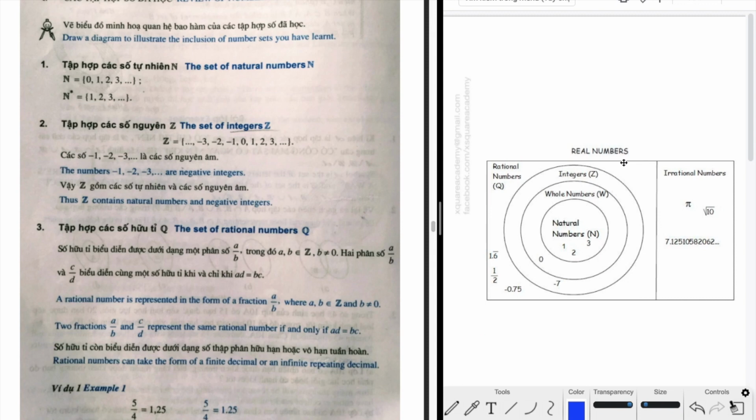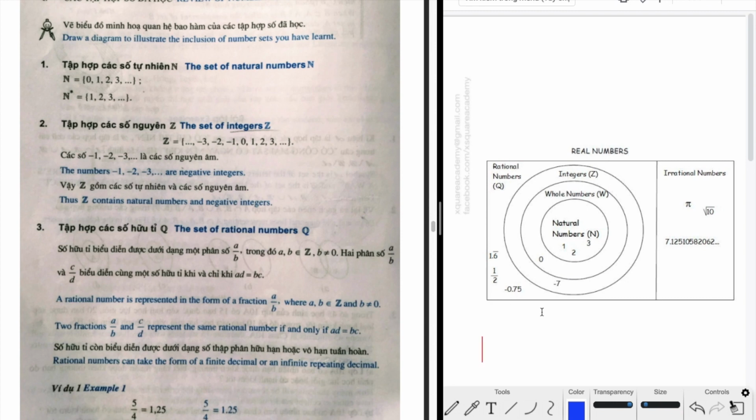To review all number sets, we see the diagram that shows all number sets. Firstly, natural numbers include, for example, 1, 2, 3. The whole numbers include natural numbers and 0. The integers contain the whole numbers and negative numbers.